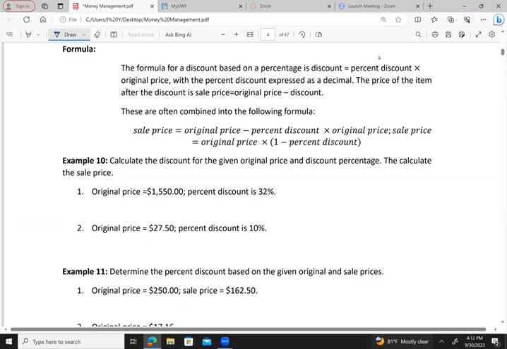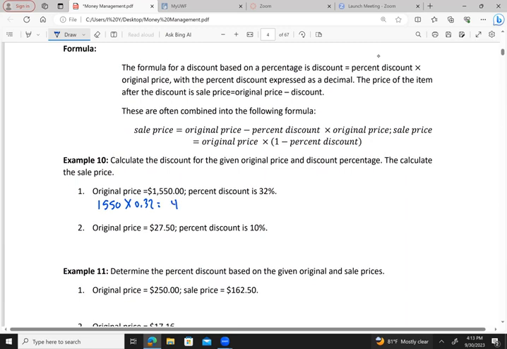So if the original price is $1,550 and the discount is 32%, you take 1,550 times the decimal form 0.32, and our discount is $496. So our sale price is $1,054.